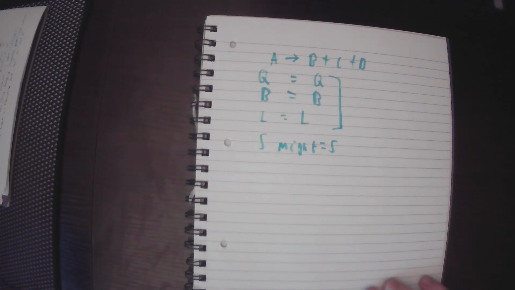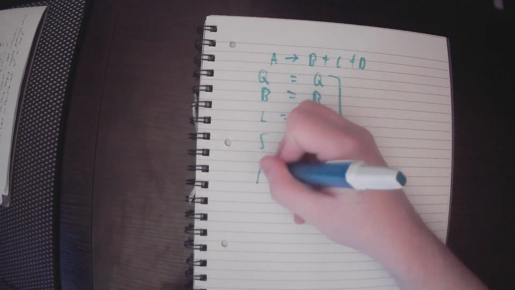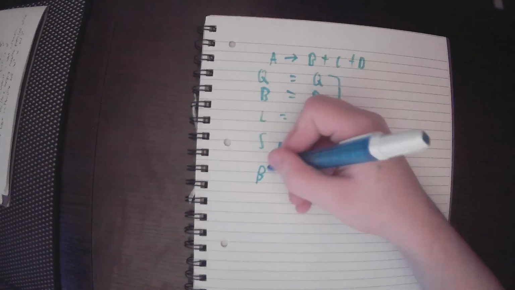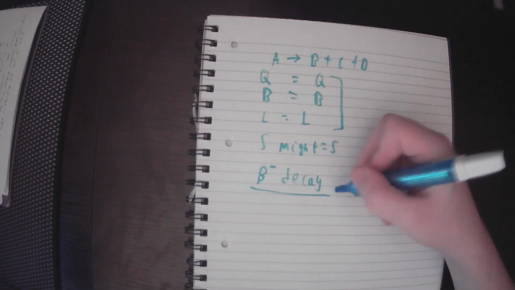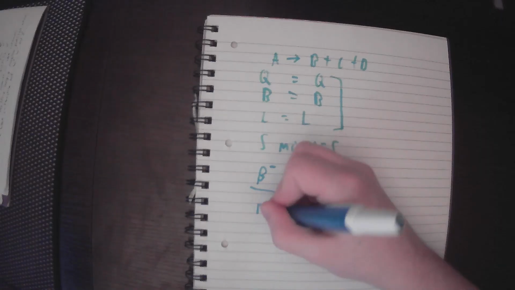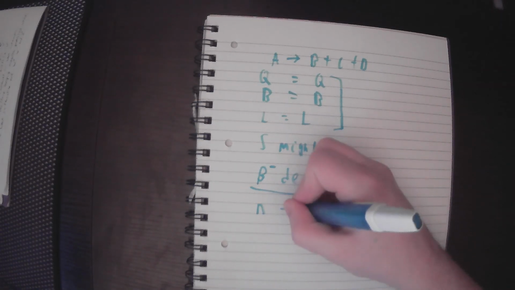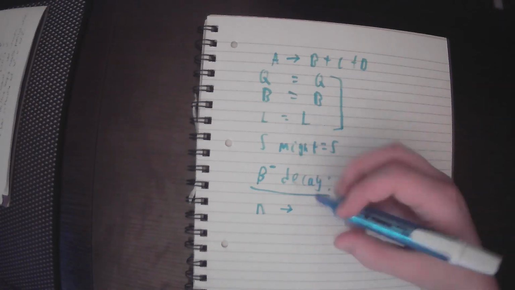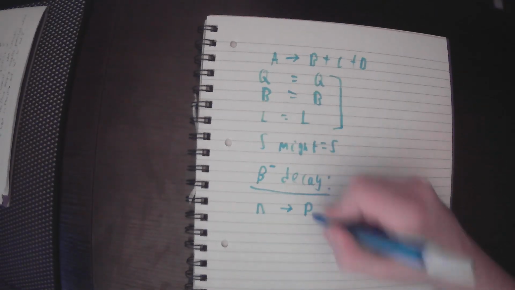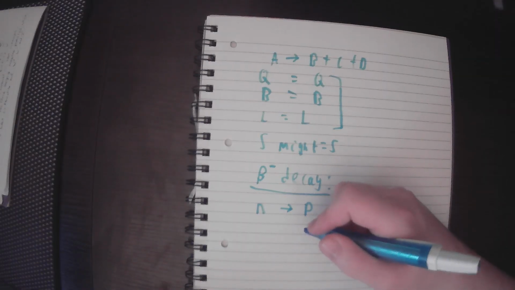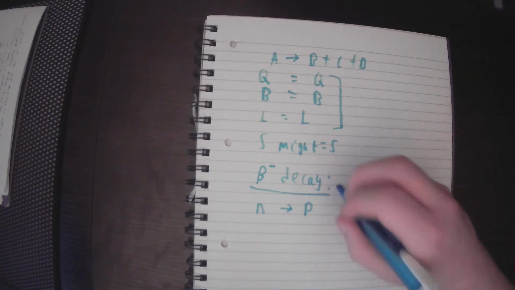So we'll get directly into it. Beta minus decay, the letter beta looks like that. Beta minus decay is when a neutron, denoted by the letter N, decays into a proton, because a proton is more stable than a neutron, something from the first lesson on particle physics.